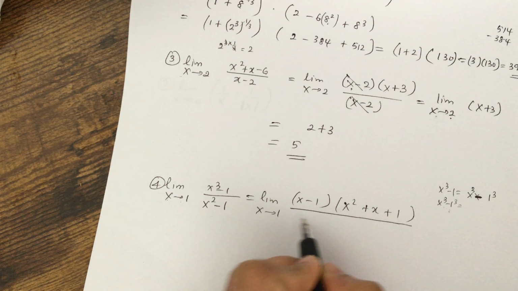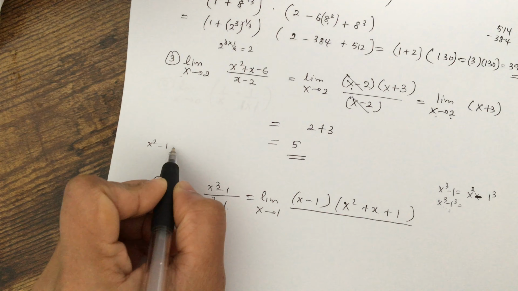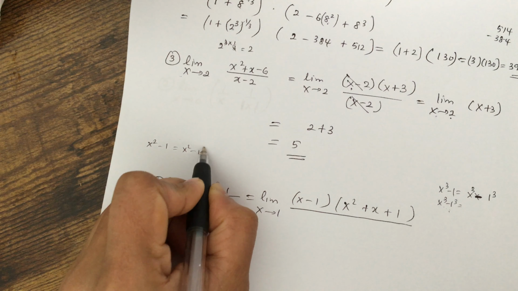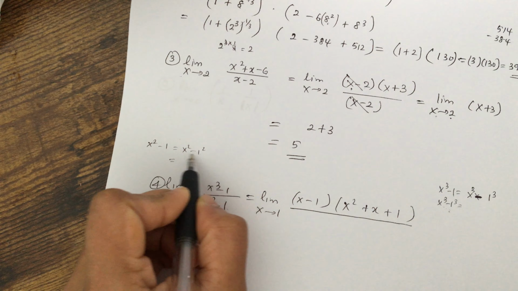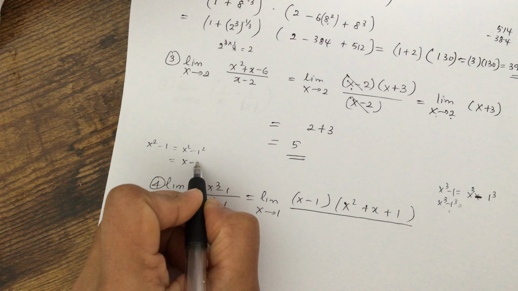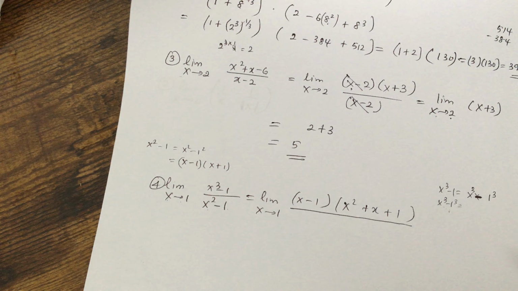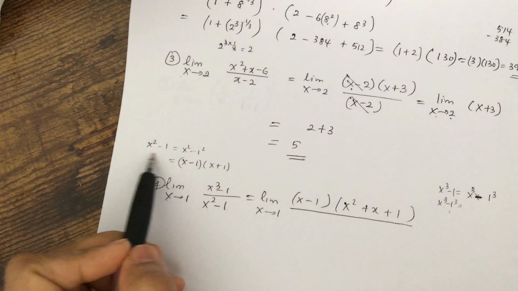And then the denominator is x squared minus 1. x squared minus 1 is like x squared minus 1 squared. It's like the difference of two squares, right? You can write the difference of two squares like this, x minus 1 times x plus 1. So those are the factors of this function.